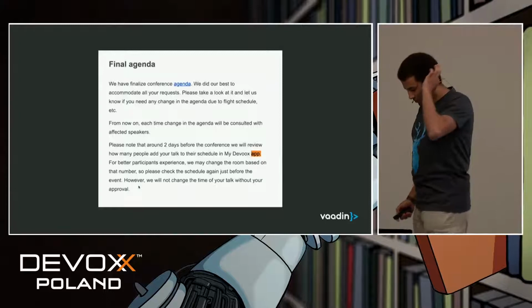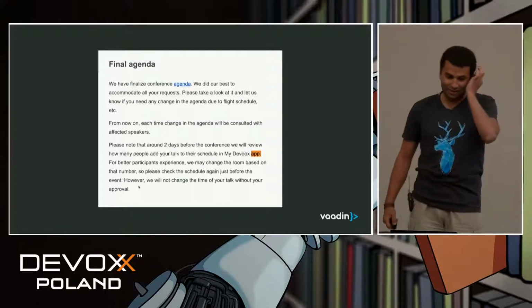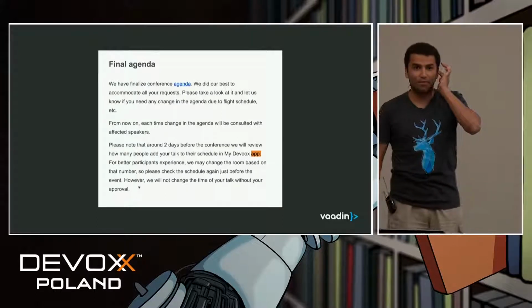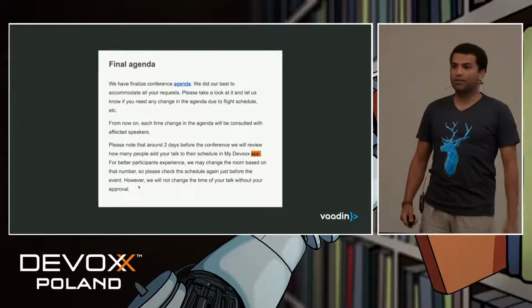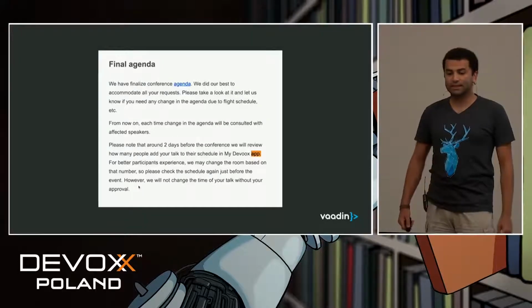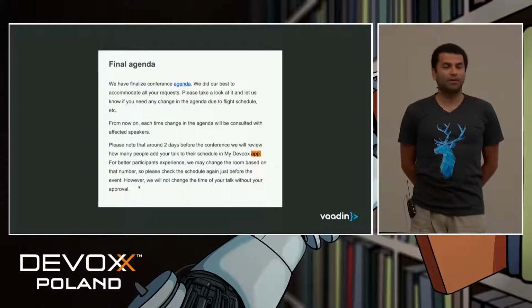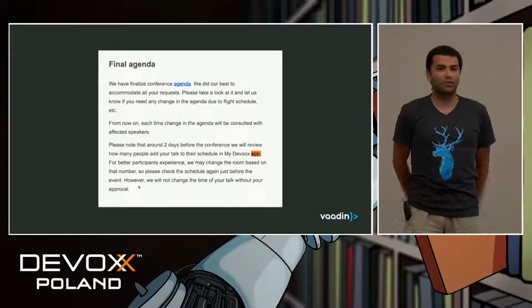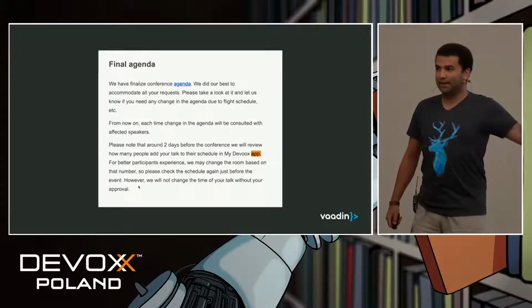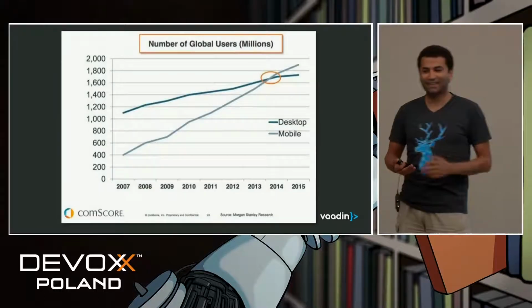So if we go back to this announcement by Devoxx Poland when they sent us this email telling us about using the Devoxx app, there is a reason behind it. There is a reason why Devoxx and probably most other businesses and conferences and everywhere prefer to use an app and target people through an app. If you're like myself, you most probably opened this email from a smartphone or an app phone, right?